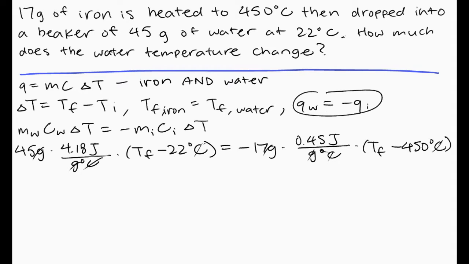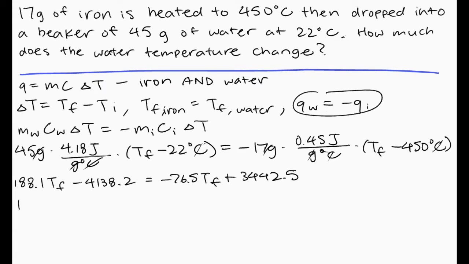So we can cancel out our units again. And we can do multiplication and the distributive property. So we have 188.1 times temperature final minus 4,138.2 equals negative 76.5 temperature final plus 3,442.5.